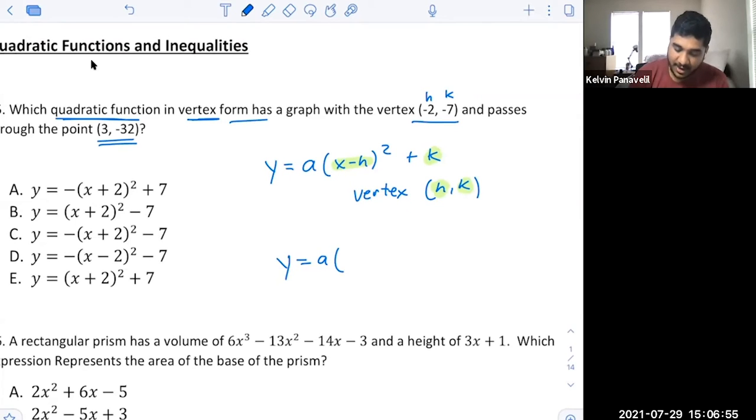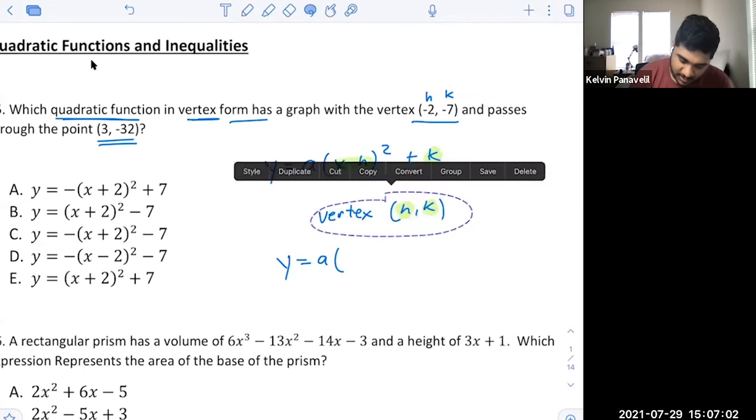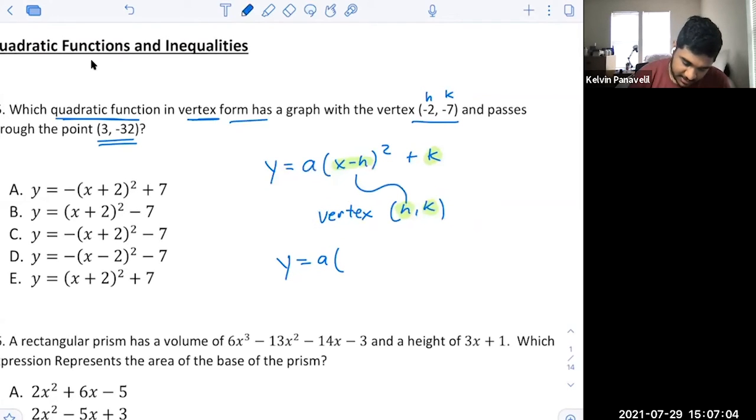Good, because it's always going to be the opposite. So h is always, if you want to write that down, the opposite sign. K is going to be the same sign. So it's going to be x plus 2 squared.